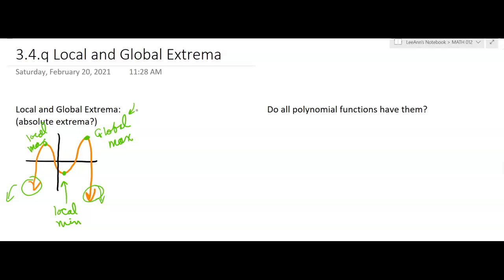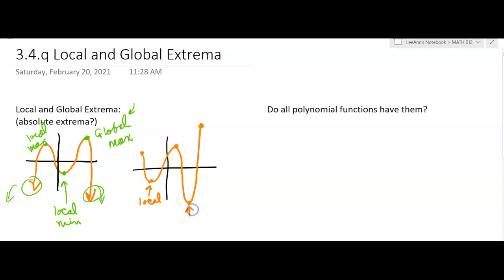But I was going to give you an example. This is kind of a minor point, but let's say you have something like this. You have local mins, right? That would be a local min.